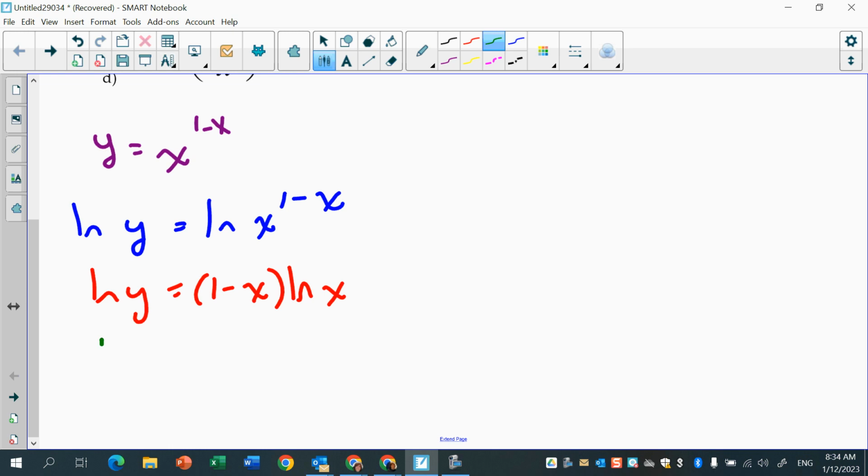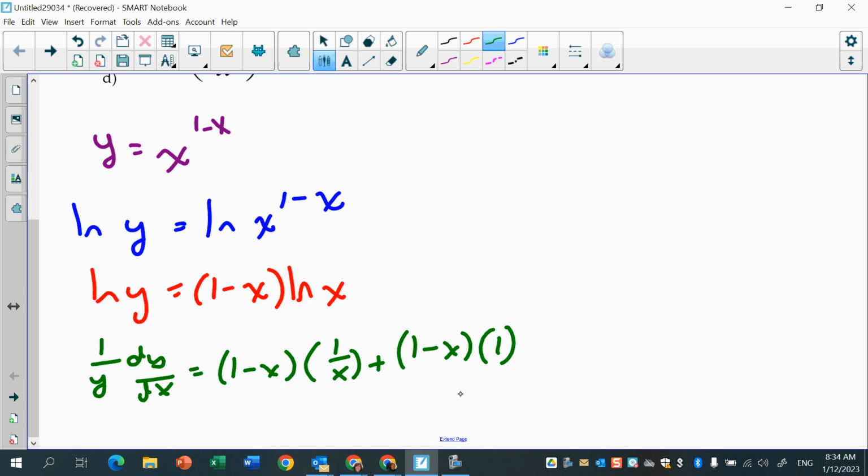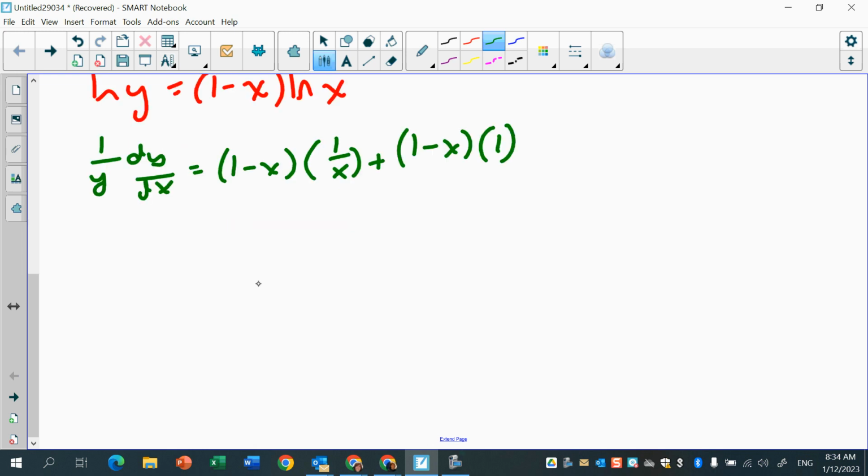The derivative of the natural log of y is 1 over y times dy dx, because that's not x. This is product rule: the first times the derivative of the second plus the second times the derivative of the first. So now I'm solving for dy dx.